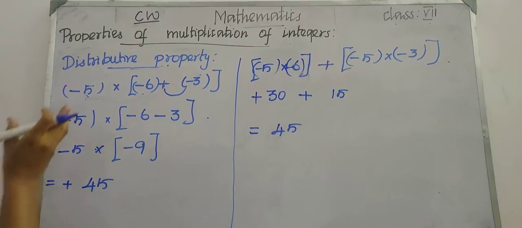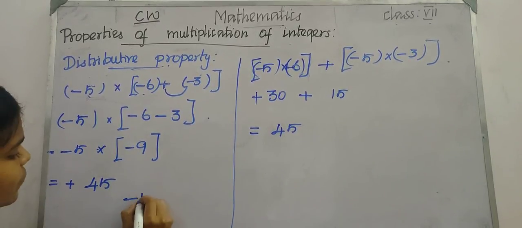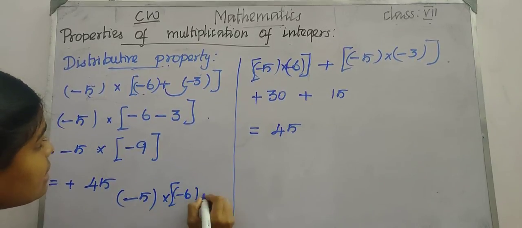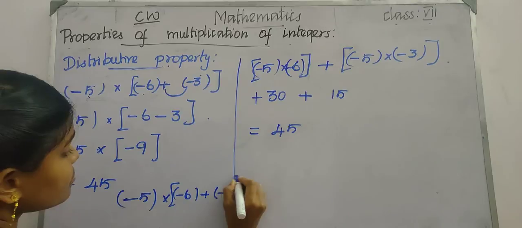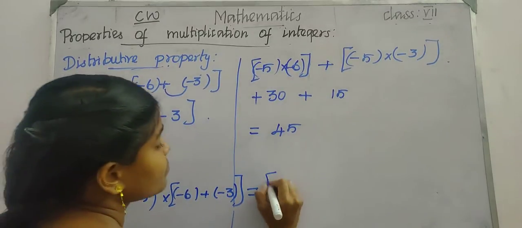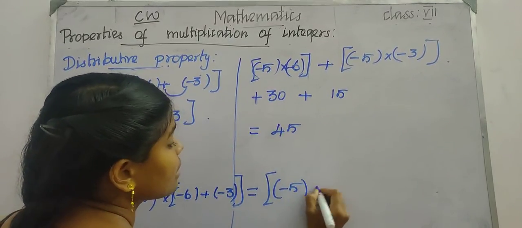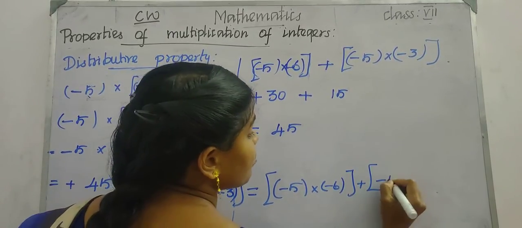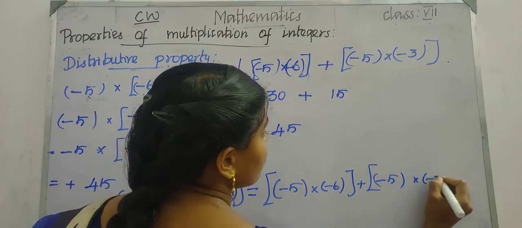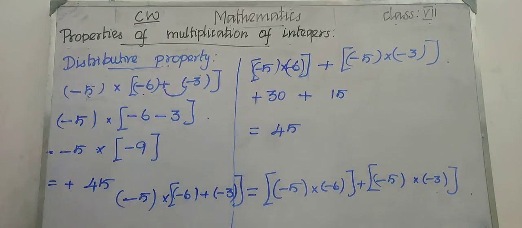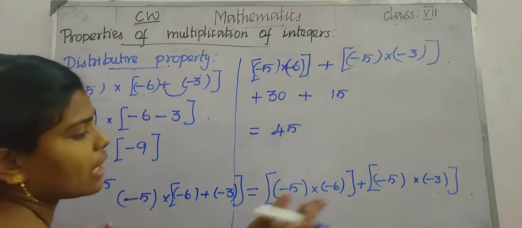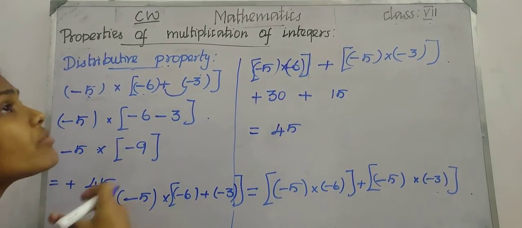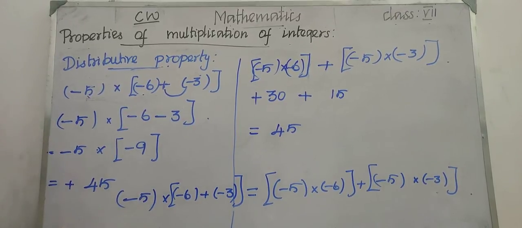So we got the answer as minus 5 into minus 6 plus minus 3 equal to minus 5 into minus 6 plus minus 5 into minus 3. Children, if both these are equal, we can say it holds the distributive property.